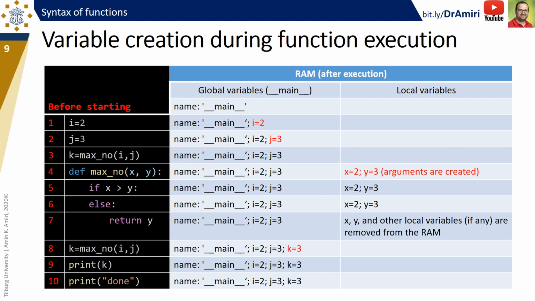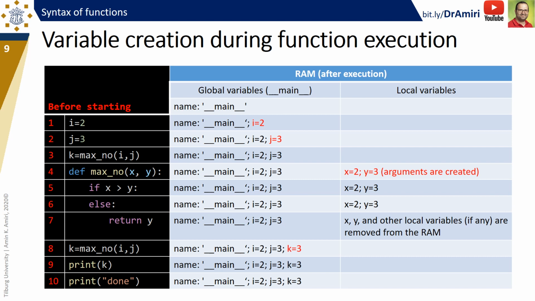Line 2 is executed, j equal to 3. A new variable called j is added to the RAM and contains 3. After that, the function maxNO is called. That means that the first line of the function, the signature of the function, must be executed.